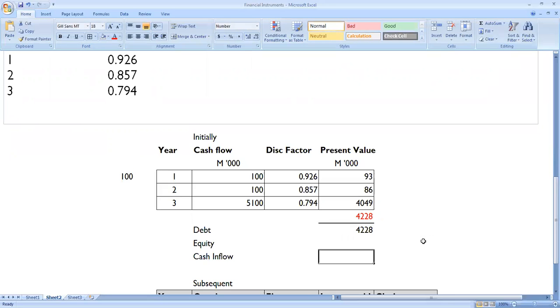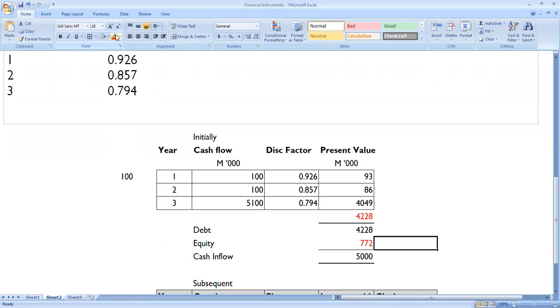Then our cash inflow is 5 million. So the equity element is going to be the balance, so that is 5,000. This is going to be our equity element, which will go to other components of equity.